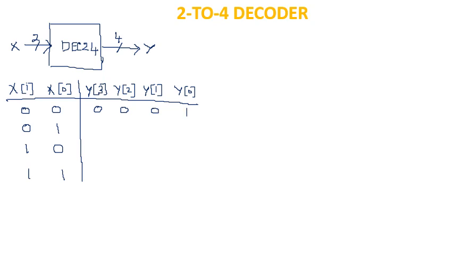This is a decoder, so depending on the input code, one of the lines will be active. So for 0 1, y1 will be active. For 1 0, y2 will be active, and for 1 1, y3 will be active.